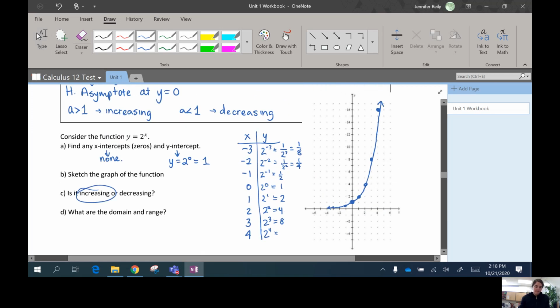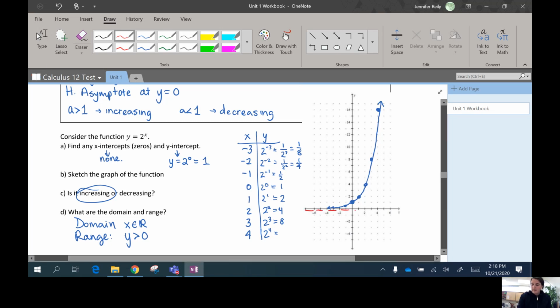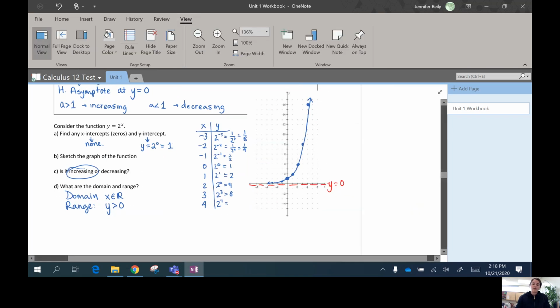So this is increasing, and the domain and range are always the same for all exponential functions. The domain is always all x values. There's no restrictions on the domain, and the range is y is greater than 0. So this does have a horizontal asymptote. It's always going to be in the same spot at y equals 0. So that's how you can tell it apart from the rational functions.